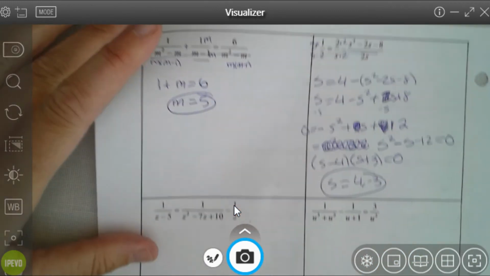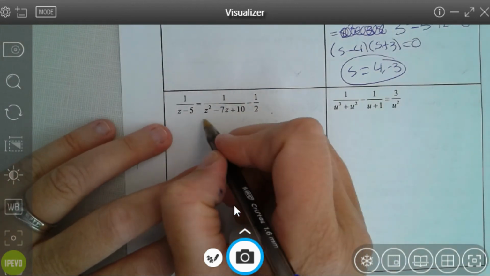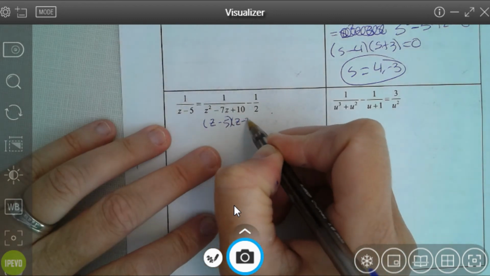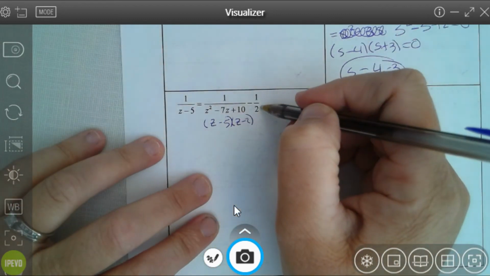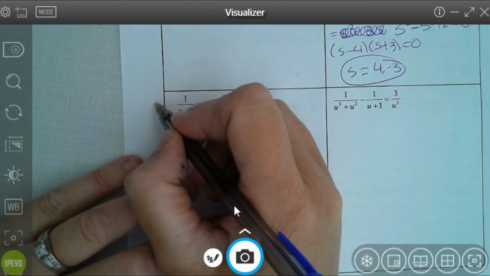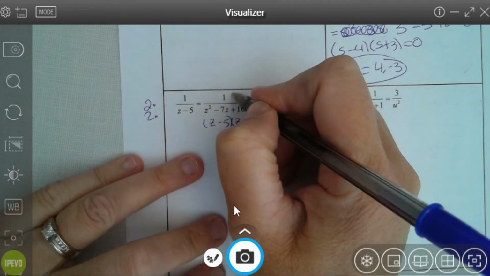All right, down here, we're going to factor. And my clue is probably z minus 5 is going to be one of the factors, or else it probably wouldn't be written as one of those over there. So this term has a 2, so everything needs to get a 2 in order for it to work. So this needs a 2 also.